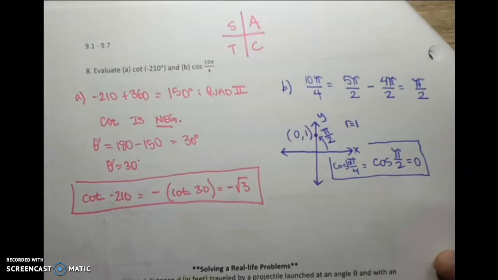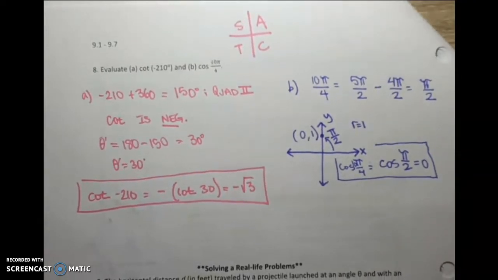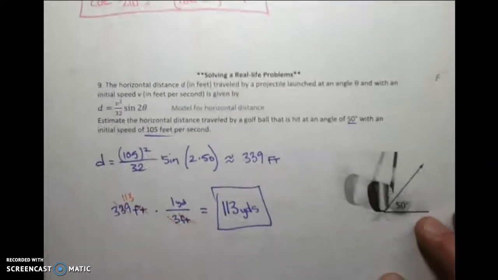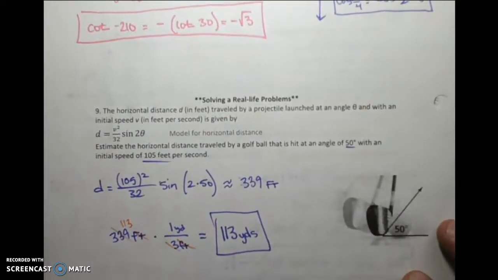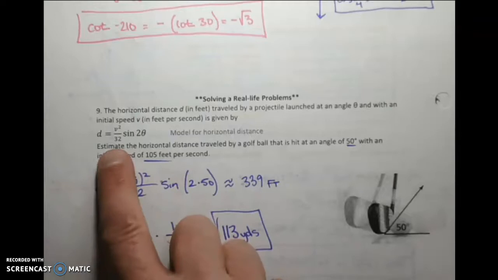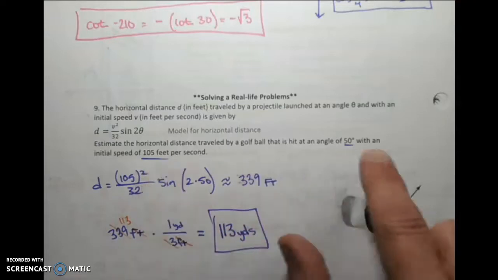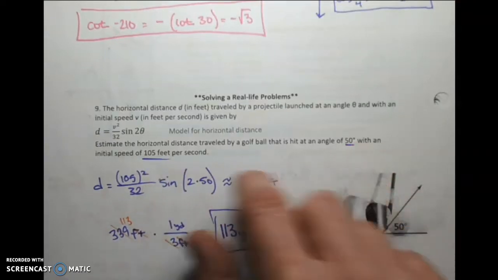I'm actually going to pause now and continue to look at that if you need. I'm going to scoot it up just a little bit and also show the real life problem. Because of time, I'm not going to read it all out, but basically here was my equation, and I had a velocity, the speed of 105, and I had a degree here, which is my theta.